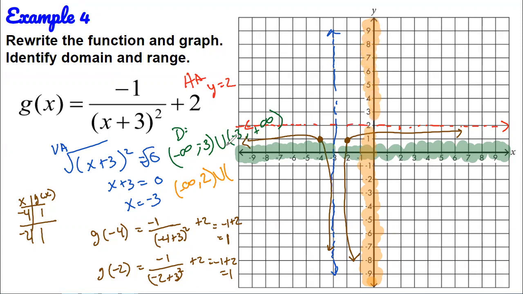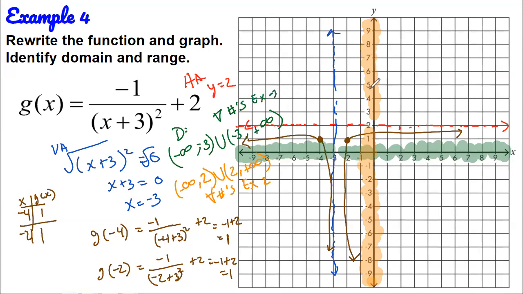Another way to write this out, we can say all real numbers except 2, and the same goes over here: the set of all real numbers except -3.